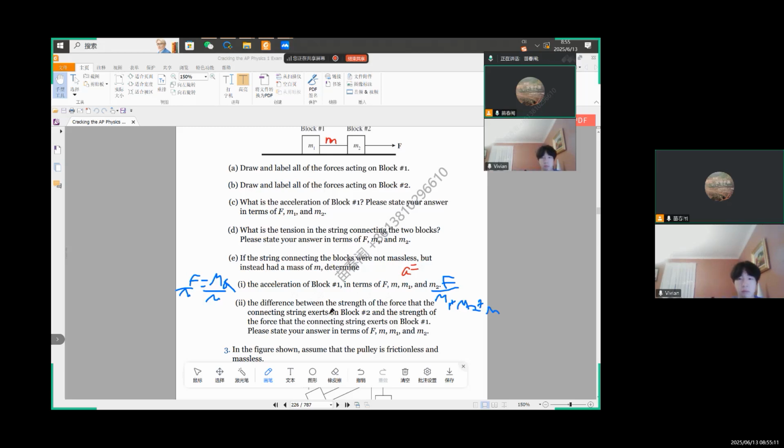First one, he wants to find the difference of the two forces. Well, I can find each one of them, right? Now block 2. Let's do block 2, focusing on block 2 only. My diagram for block 2 has a force F here, and I must have a tension from this string, let's say Ft.